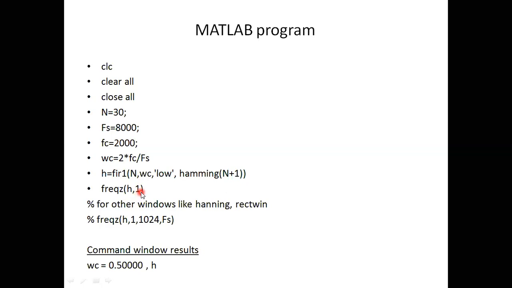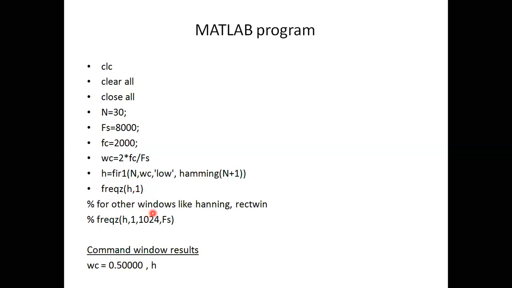Then what are the denominator coefficients? In an FIR filter, the denominator coefficient is always 1. That's why I have given the numerator and denominator coefficients. From here you found the numerator coefficients, and the denominator coefficient is 1.